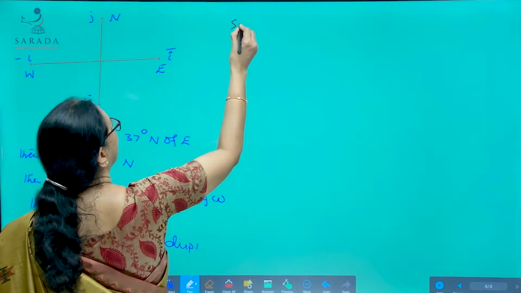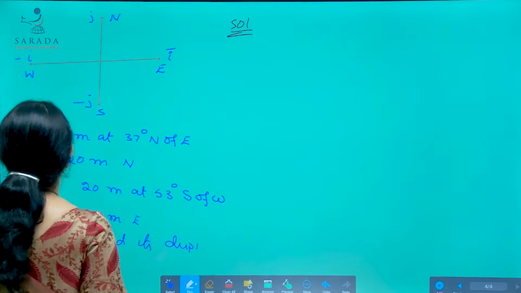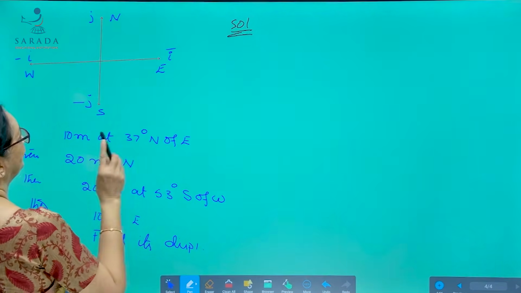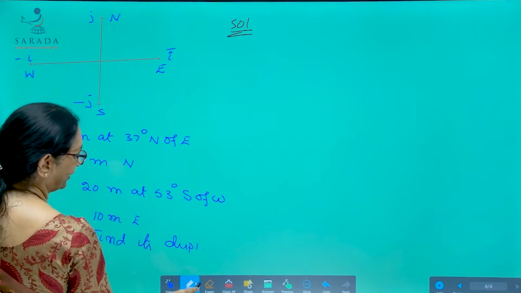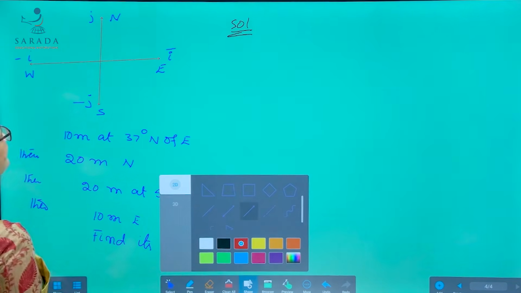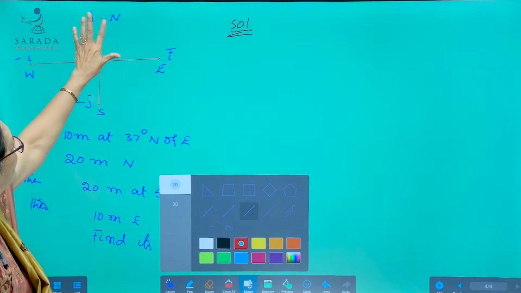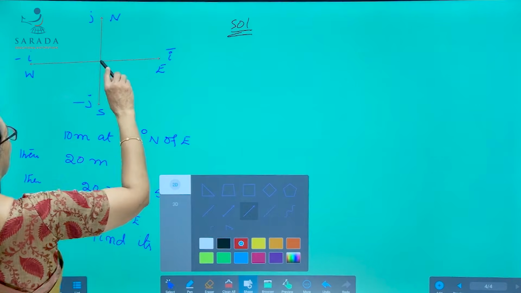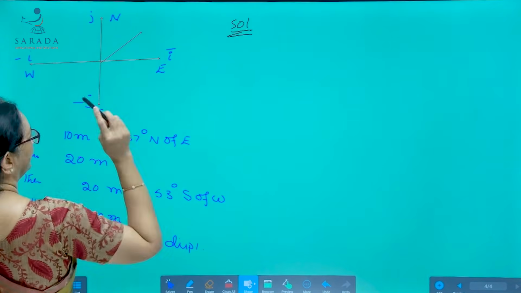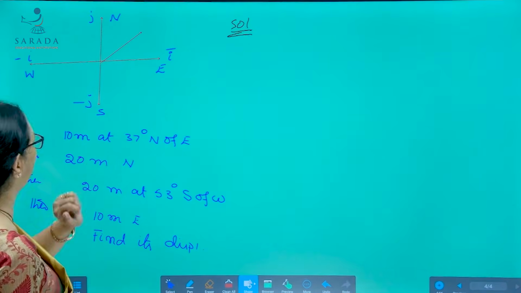See here, let us look into the solution. It is moving 10 meters at 37 degrees north of east. This is north, this is east. So this is northeast, so along this direction. I'll mark the angle later.